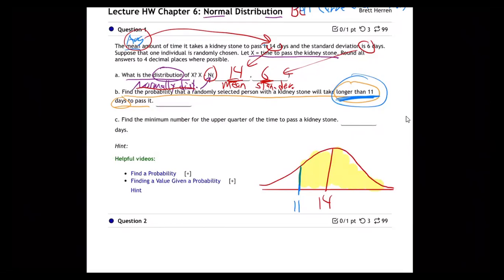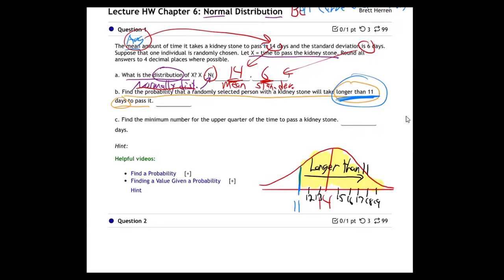Is that making sense? Because if you look, this is 15, 16, this is 13, 12, 17, 18, 19, etc. So go this way for longer than 11. You agree with me? See how it's to the right?